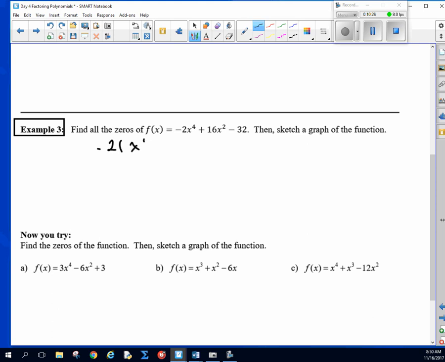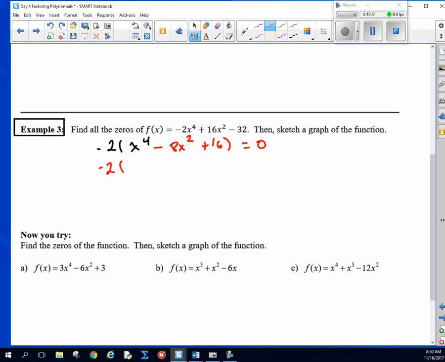That's going to leave me with x to the fourth plus 8x squared minus, or I should say, since I took out a negative, this would be negative 8x squared plus 16. I want to find my zeros, so I'm going to let it equal 0.